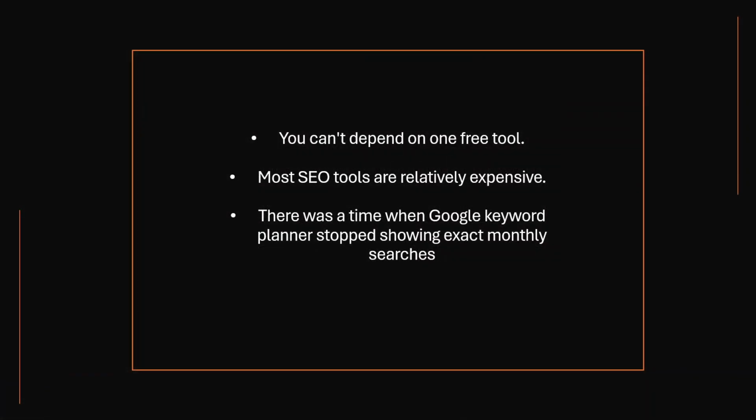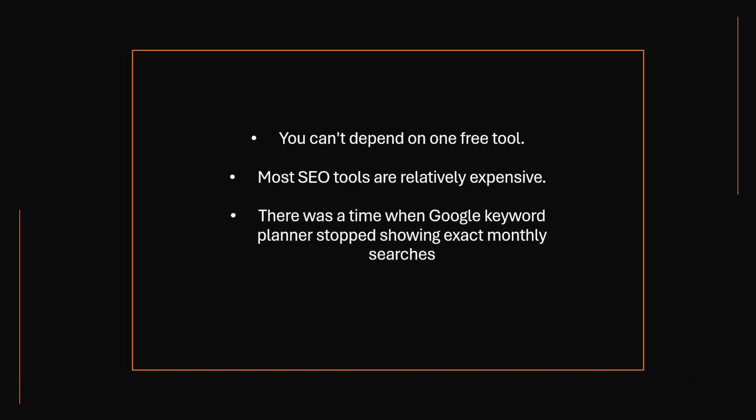Now, you can't depend on a free tool because free tools are usually changing their quality and they're changing the usage terms. Now, most SEO tools, at least the quality ones, are relatively expensive.